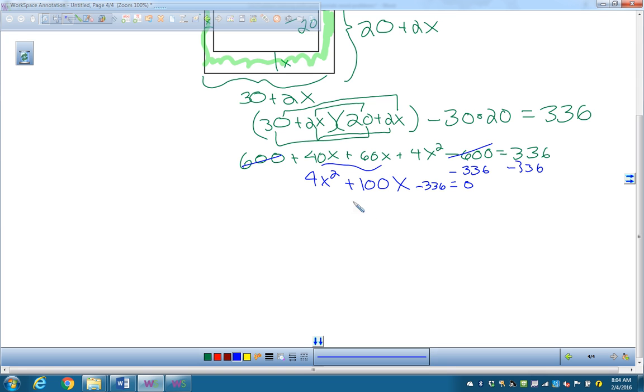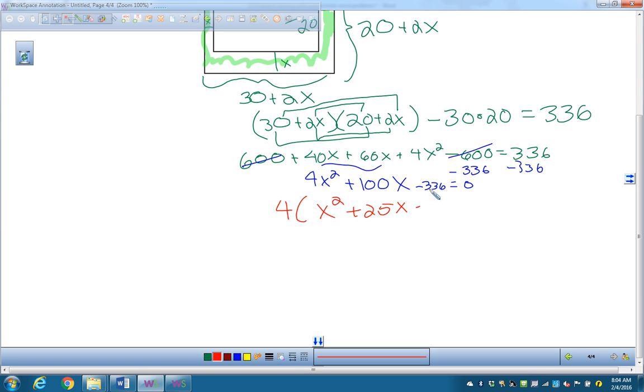Anyone see something I can do relatively easy with that quadratic equation? Other than Jessica? Okay. Mandy. Very nice. Okay, so if you see something in front of the x squared, always try to make it disappear. So what Mandy said is factor out the 4, x squared plus 25x.